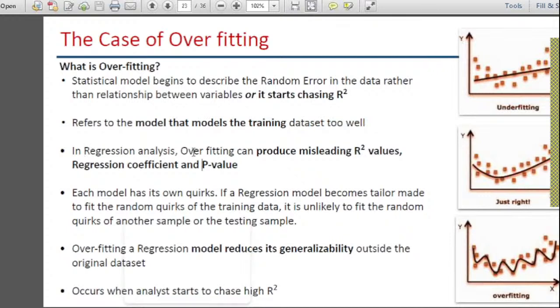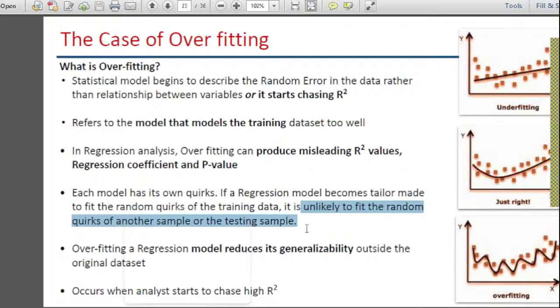So in regression, overfitting can produce misleading R square values, regression coefficients, and p-values. Each model has its own quirks. If a regression model becomes tailor-made to fit the random quirks of the training data, it is unlikely to fit the random quirks of another sample or testing sample.